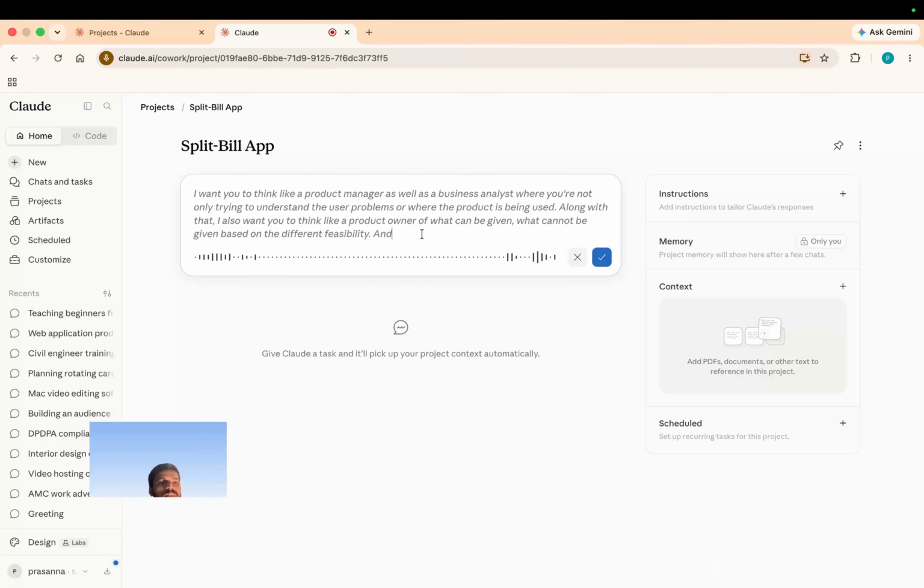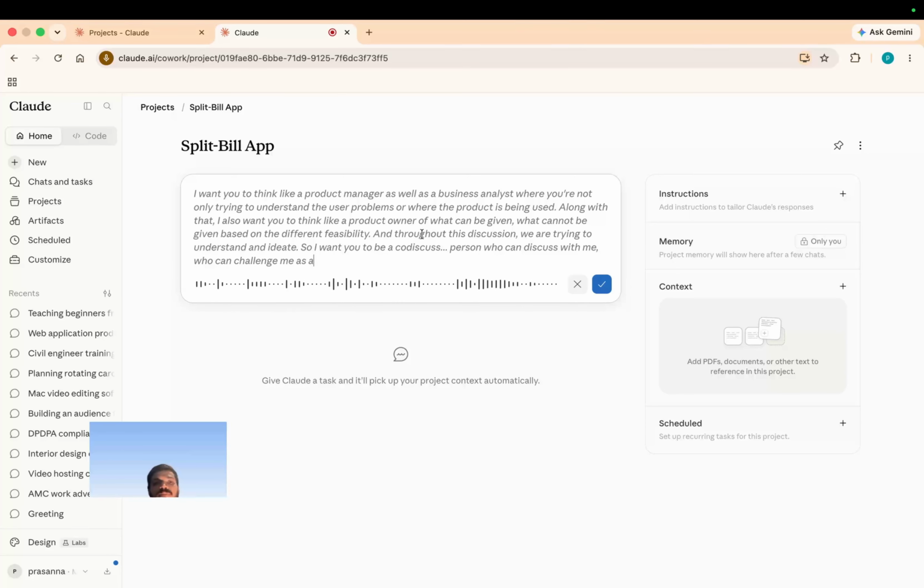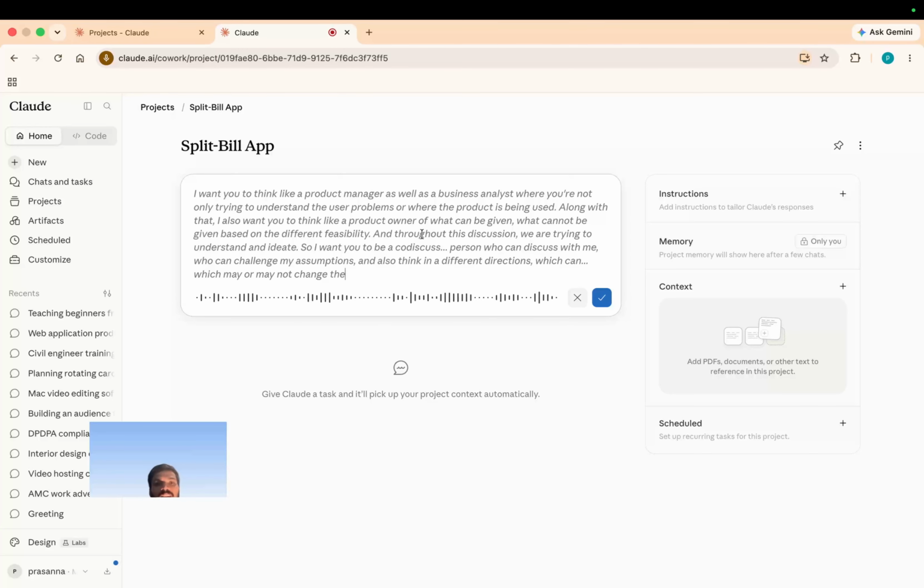And throughout this discussion, we are trying to understand and ideate. So, I want you to be a co-discussion person who can discuss with me, who can challenge my assumptions, and also think in different directions, which may or may not change the trajectory of the product.